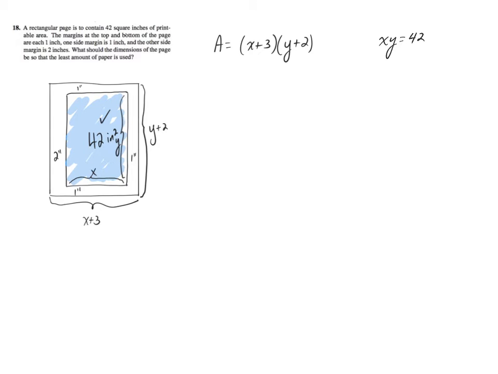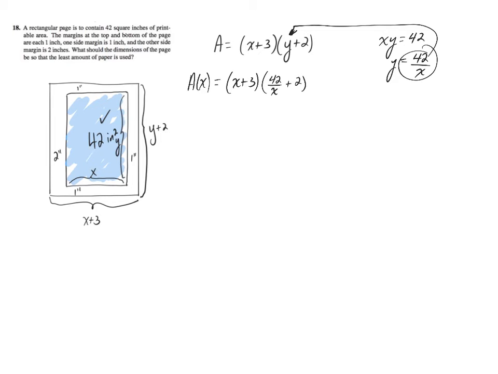Probably the easiest thing to do is solve for y and get 42 over x, and now we're going to substitute that value into our function that we're trying to optimize. So as a function of x now, we're looking at x plus 3, that quantity, multiplied by 42 over x plus 2. That's what we're trying to optimize.